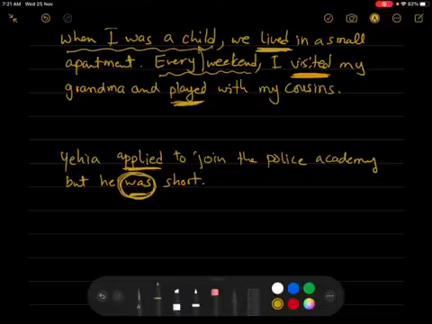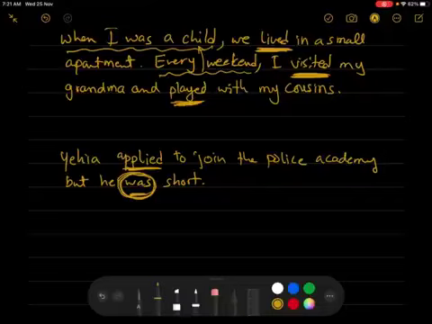He's still short in the present, but the focus here is on the moment when he applied to join the police academy in the past. That's why native speakers say Yahya applied to join the police academy, but he was short. They don't say but he is short, although logically he is still short.